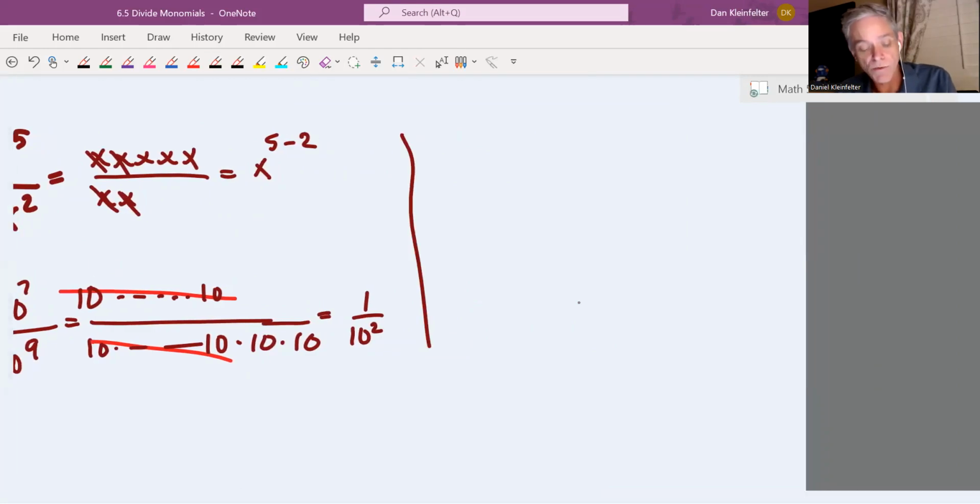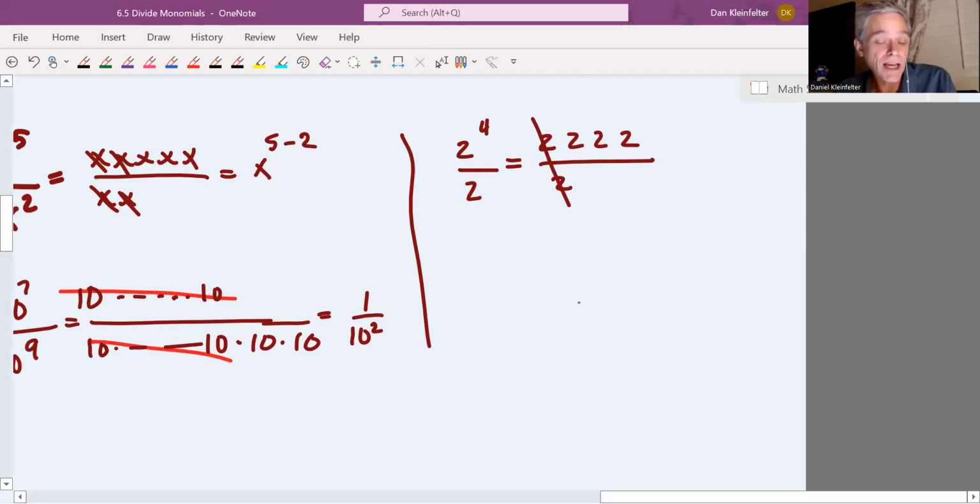Okay, let's try just 2 more of these. Let's suppose that we had z raised to the 4th power divided by z. Now, this is 1, 2, 3, 4 z's in the top and a single z in the bottom. If you cancel out that z from the numerator and denominator, you're left with 3 factors of z.